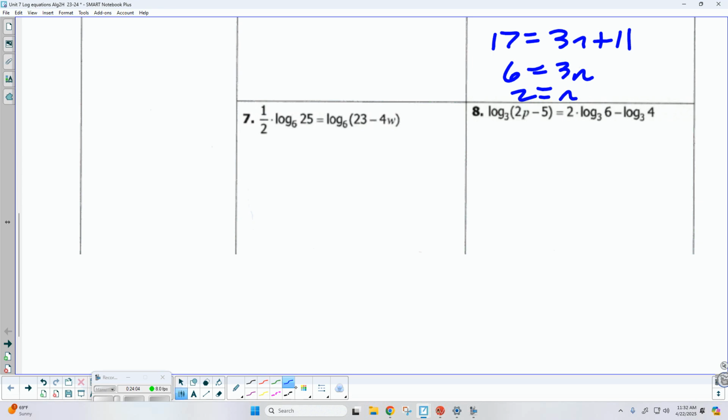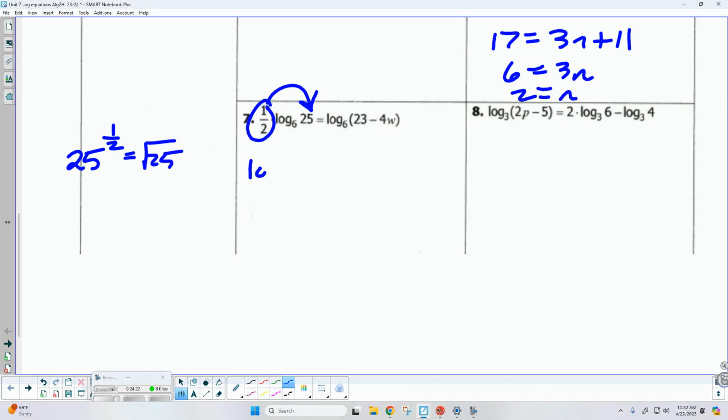Now, there's nothing to condense, but there is one thing I want to take care of before I cross out the logs. If there's a coefficient, we want to reapply it as a power. We actually just saw this a few moments ago. What's anything to the 1/2 power? That's a square root.